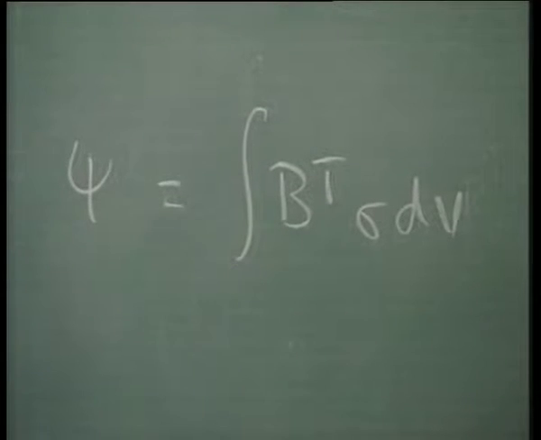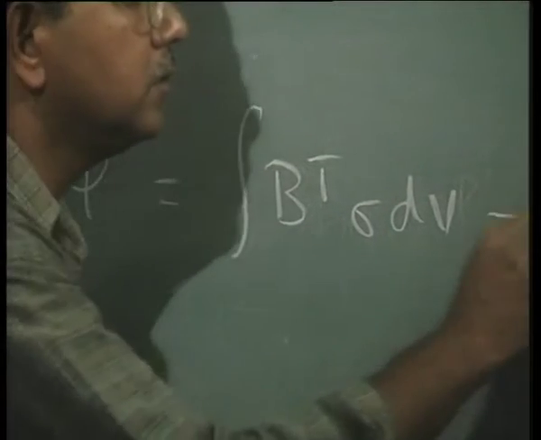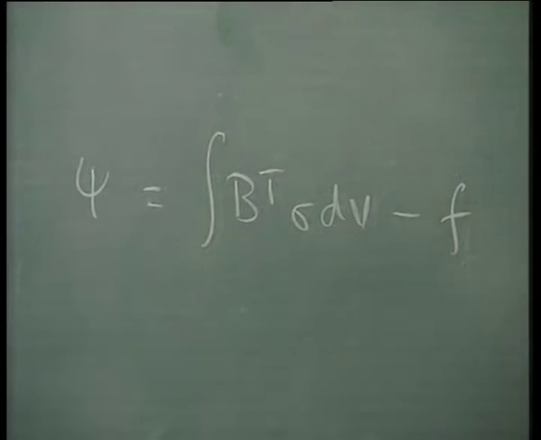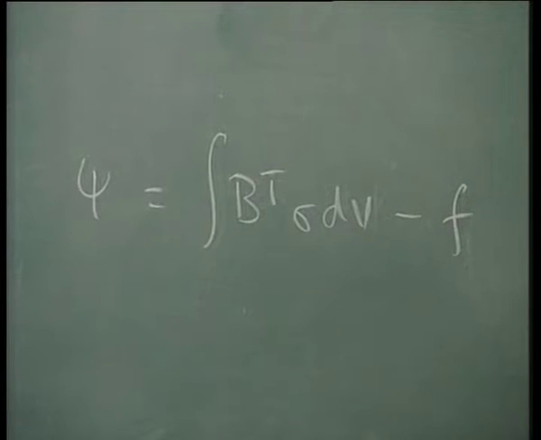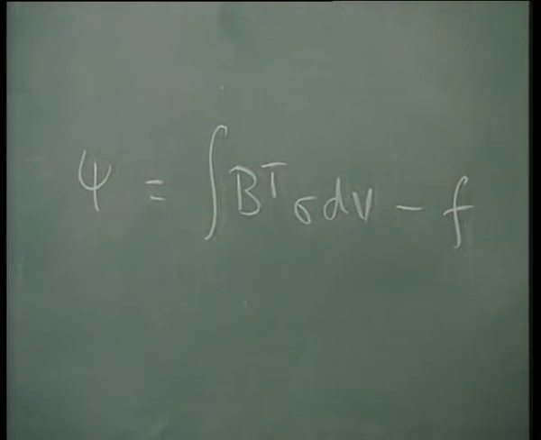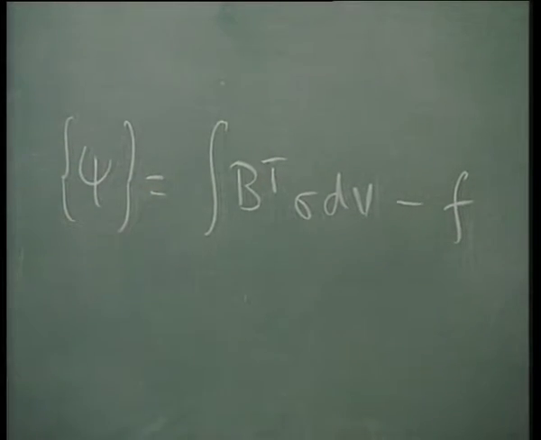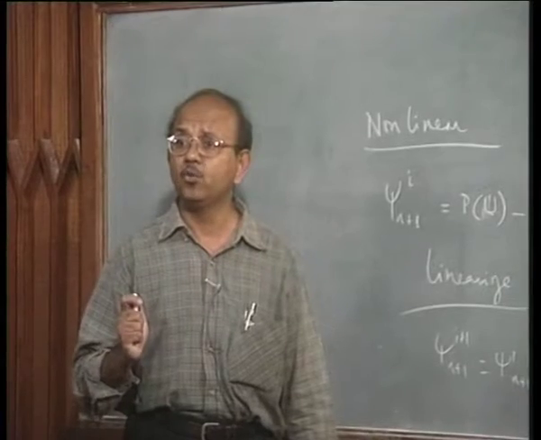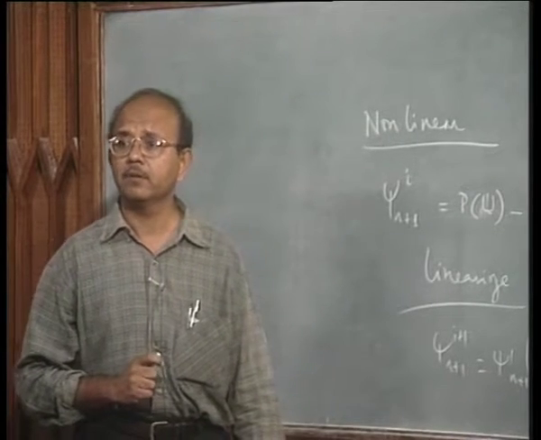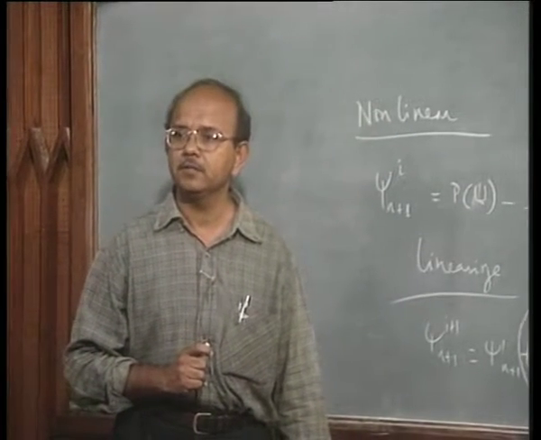minus say f. All of them are vectors, please note that all these are vectors. The psi is a vector. If you want, I have to put it everywhere, but by this time you should be quite clear. Now, what do I do? I do a linearization.